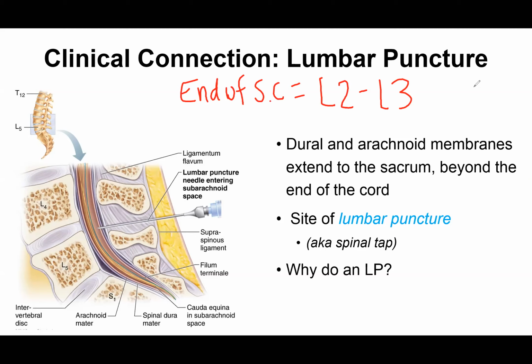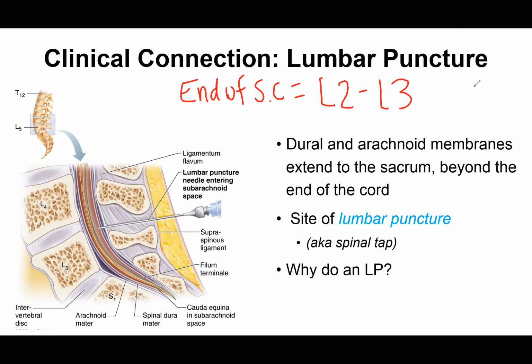But the dura, the arachnoid, and the pia mater, for all intents and purposes, all of those membranes actually extend all the way down to the sacrum. So those protective coverings are extending beyond the end of the spinal cord.